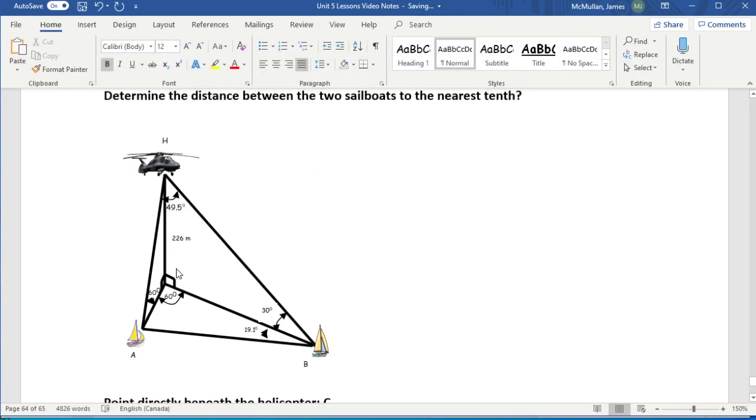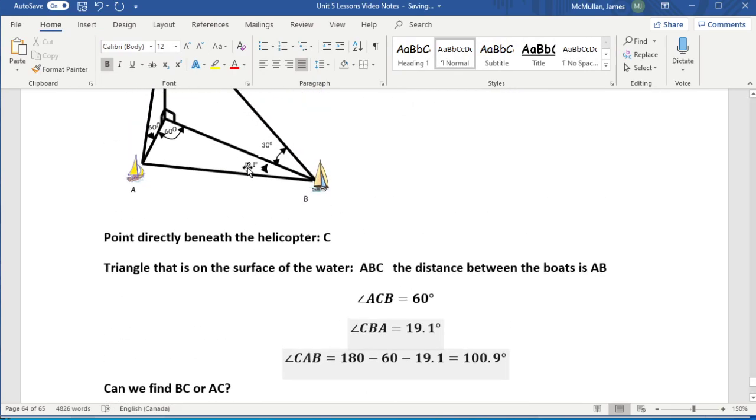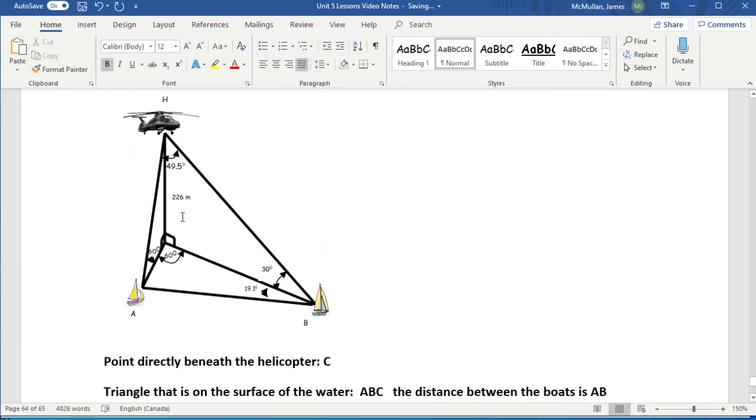Now think about the triangle. From the perspective of the 30, the sine would be the 226 over the hypotenuse. The tan would be the 226 over the adjacent, and that's actually what we can use here.